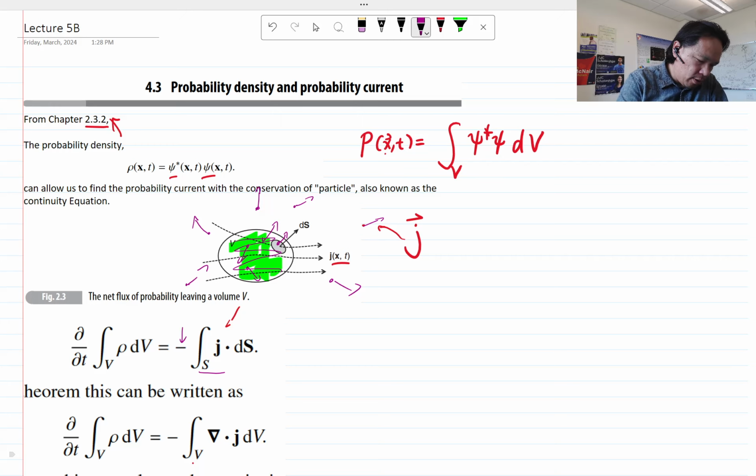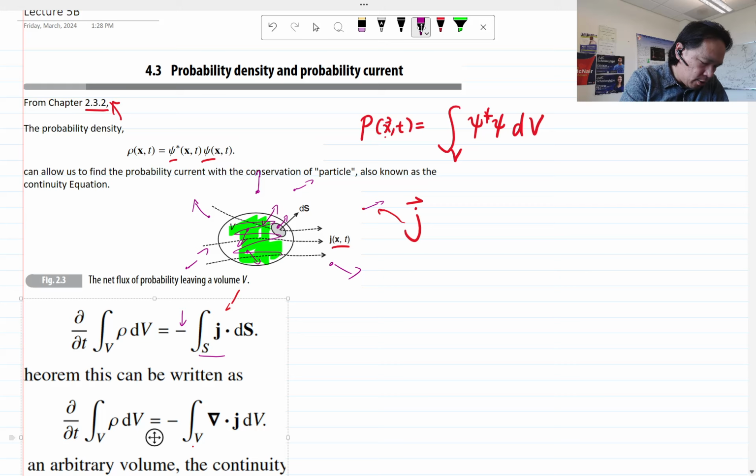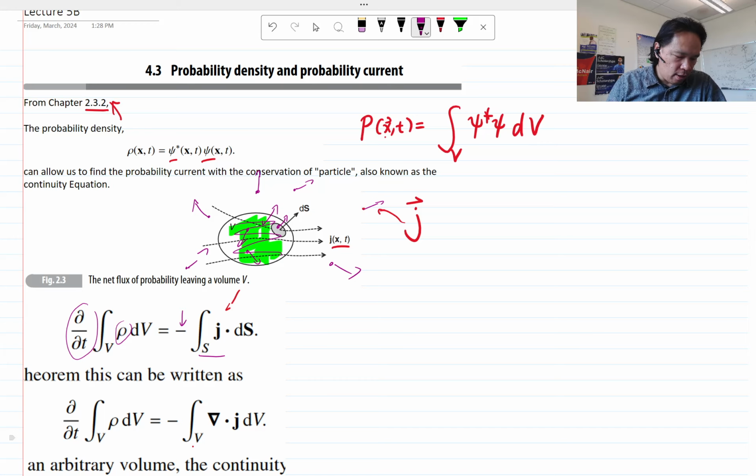We put a little negative sign because the left hand side of the equation is how the probability of finding your particle inside that volume is changing. So if you're losing particles on the right hand side, in other words J dot dS is a positive value, that means particles are leaving your volume.